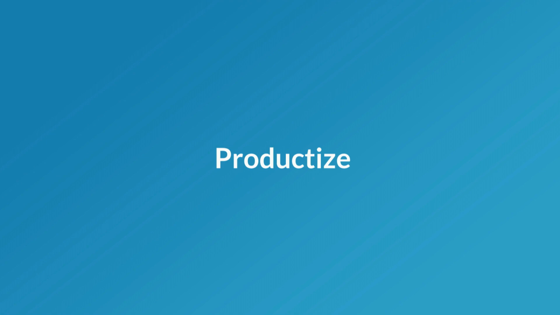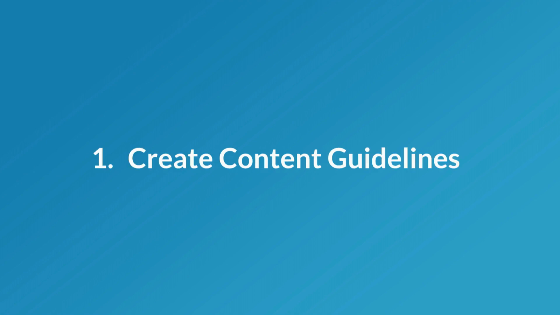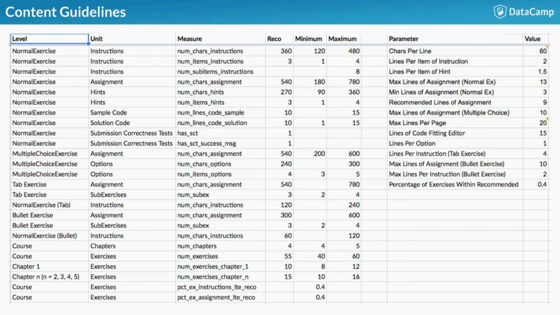Okay, so based on all of that research and all of the analysis we did on what drives students to complete exercises on DataCamp, we came up with a couple of actions. One of them is we created content guidelines for our instructors, basically giving people advice on how long instructions should be, how long assignments should be, and so on. So here's a long list of some of the guidelines we came up with based on that research.